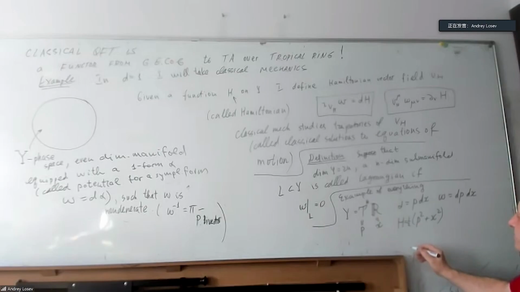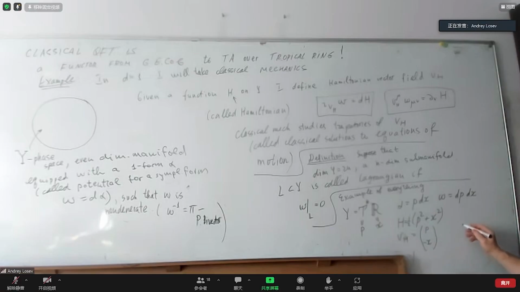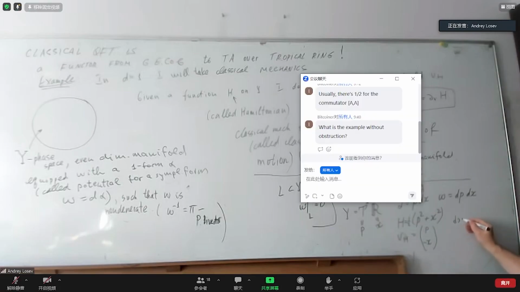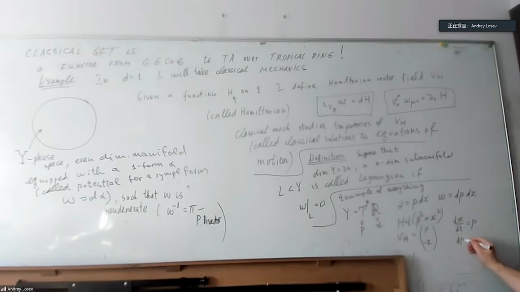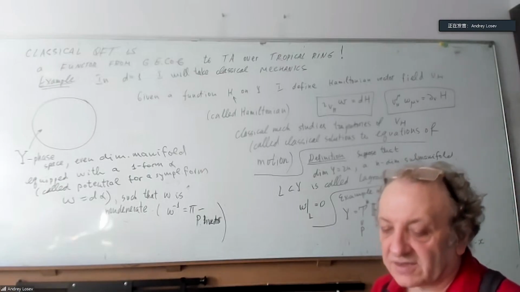Then vector field V has the following components: p, minus x. So equations of motion have the following form: dx over dt equals p, dp over dt equals minus x. So that's what I call mechanical system.